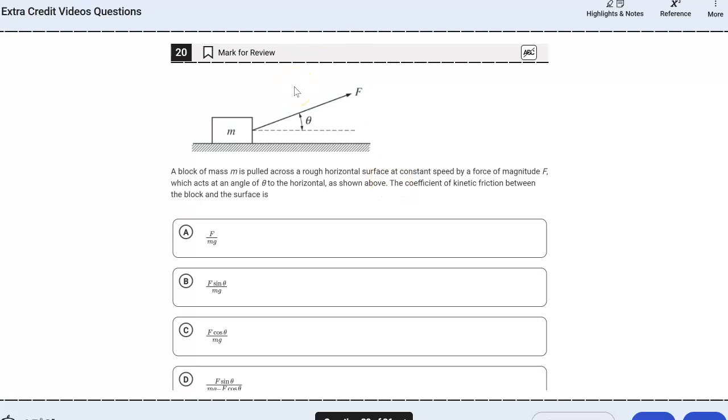Let's draw our FBDs. Just one FBD. Okay, so we have our block, mass M. We have our weight force, it's going down. Okay. We have the normal force.